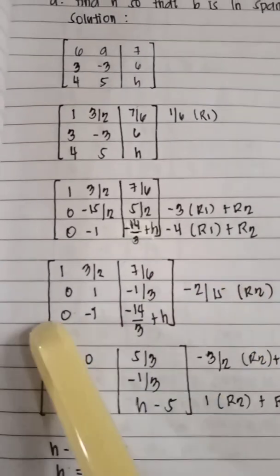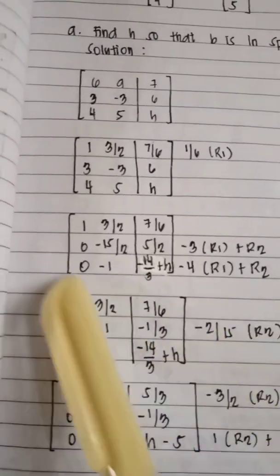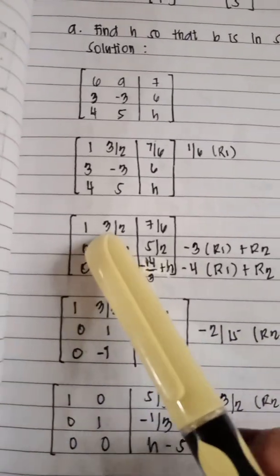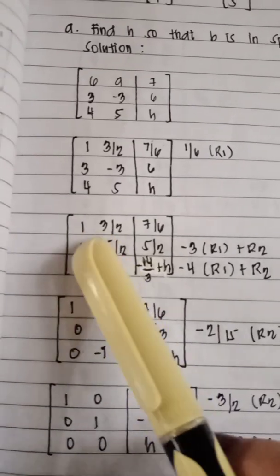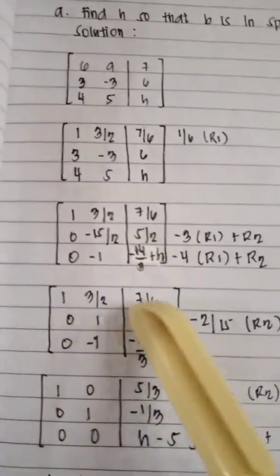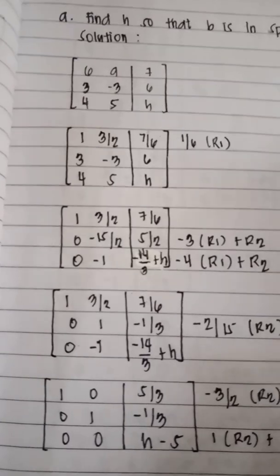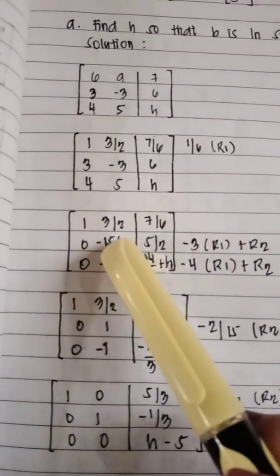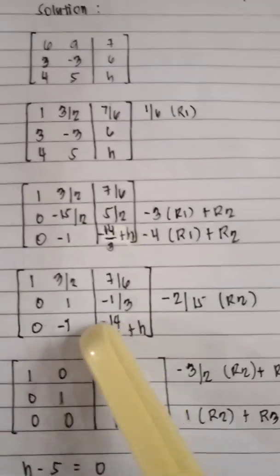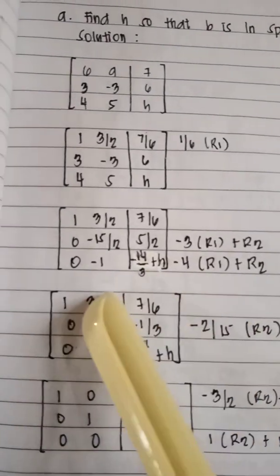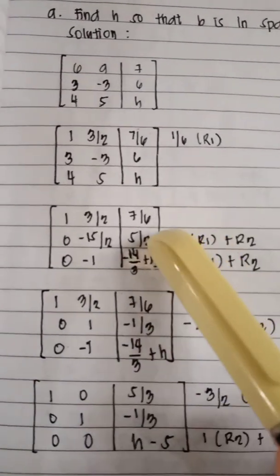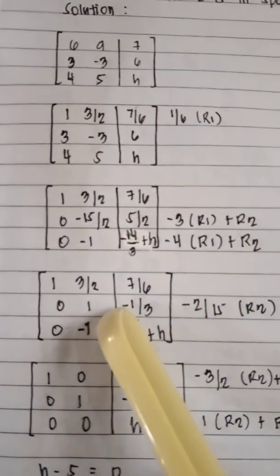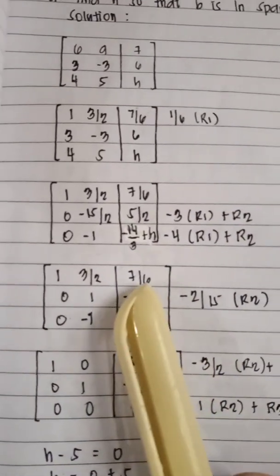Negative 2 over 15 times 0 is equal to 0. Negative 2 over 15 times negative 15 over 2 is equal to 1. Negative 2 over 15 times 5 over 2 is equal to negative 1 over 3.